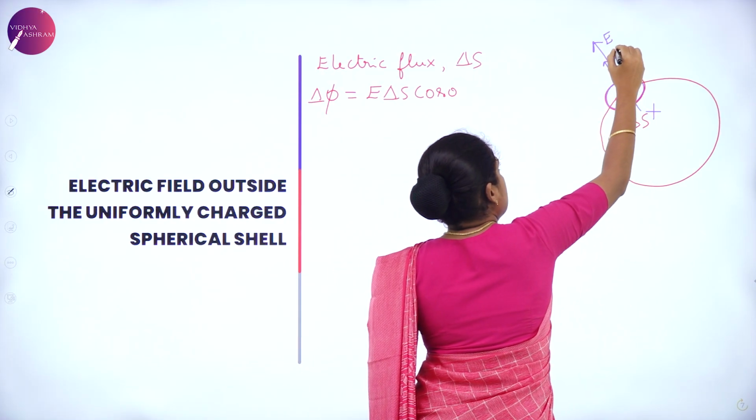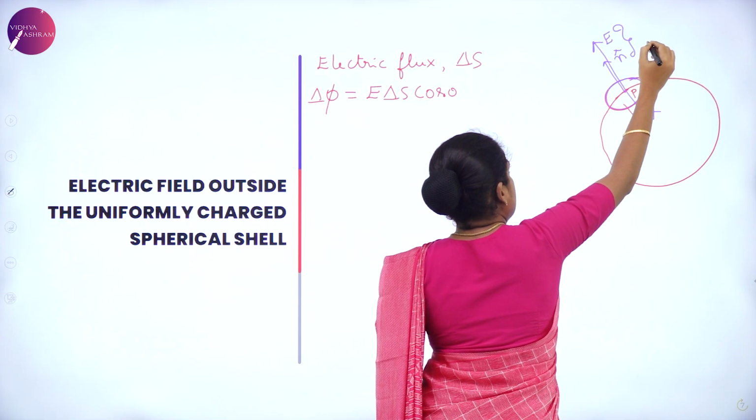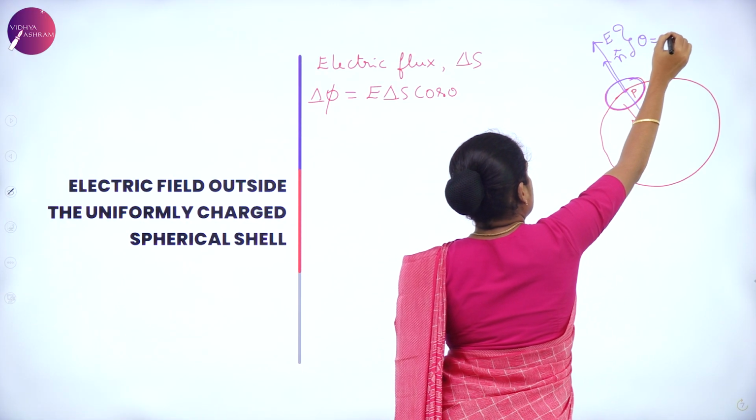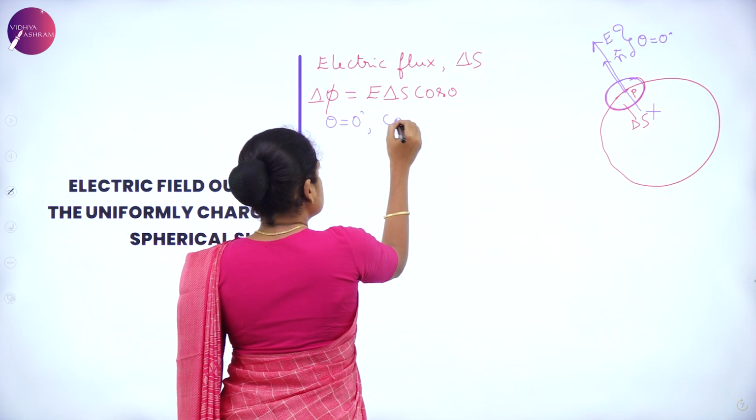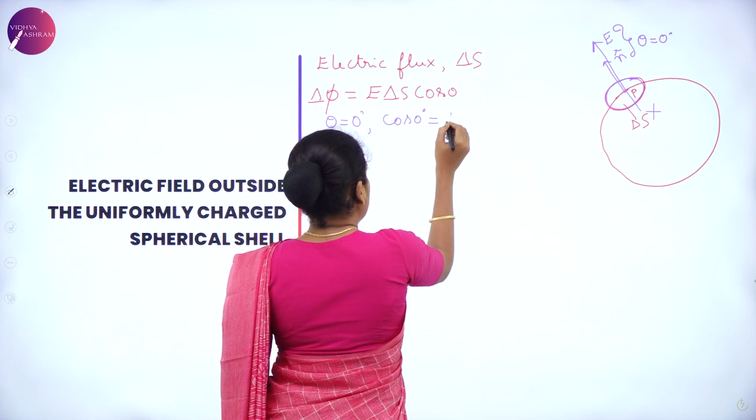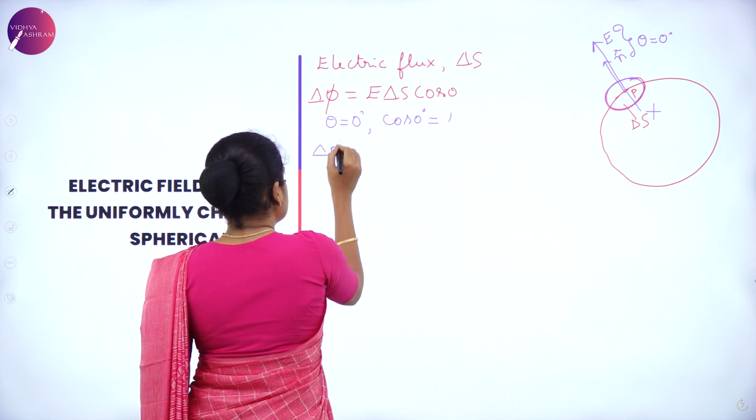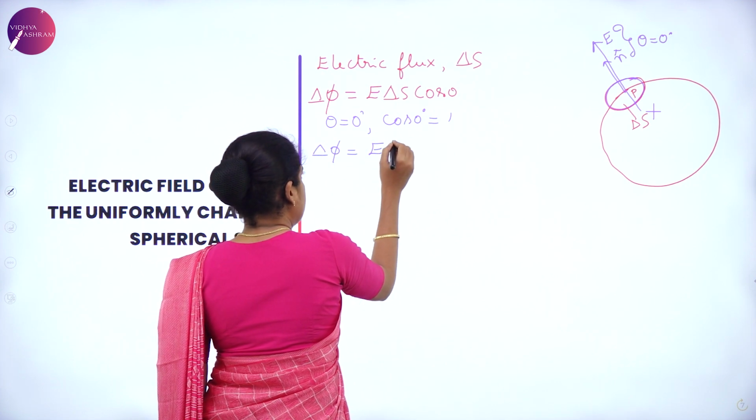Both are in the same direction. E and delta S are in the same direction. Therefore, theta is 0 degrees. Then cos 0 degrees is equal to 1. So, delta phi is equal to E delta S.